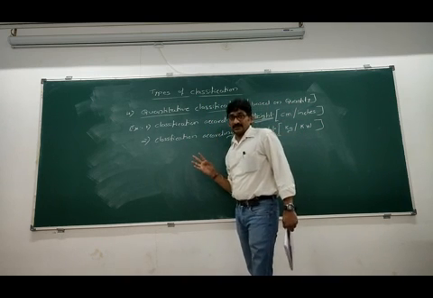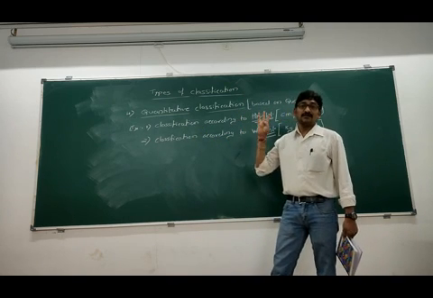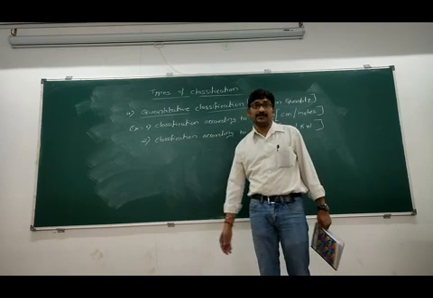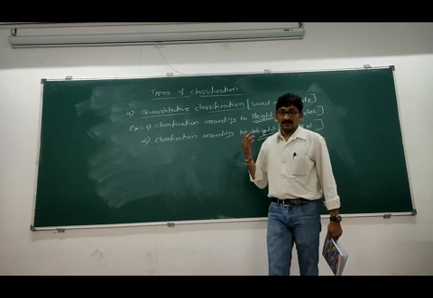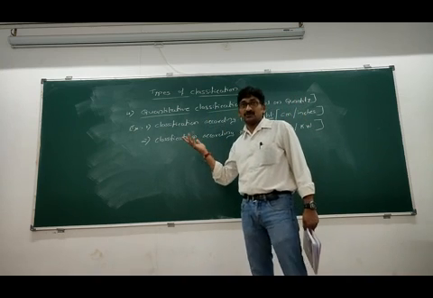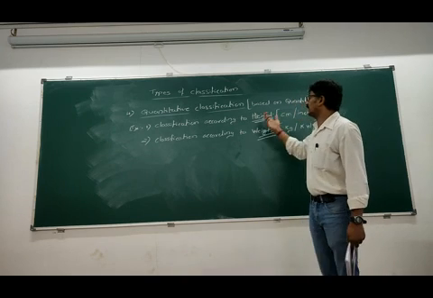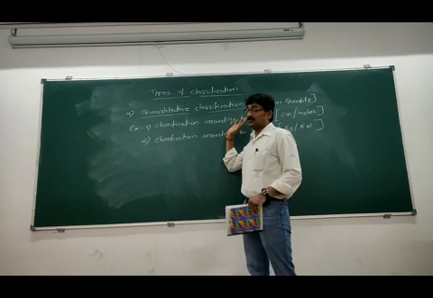There are 4 types: geographical, chronological, qualitative, and quantitative. Geographical is based on area, chronological is based on time, qualitative is based on quality, and quantitative is based on quantity. This is what you have to remember.